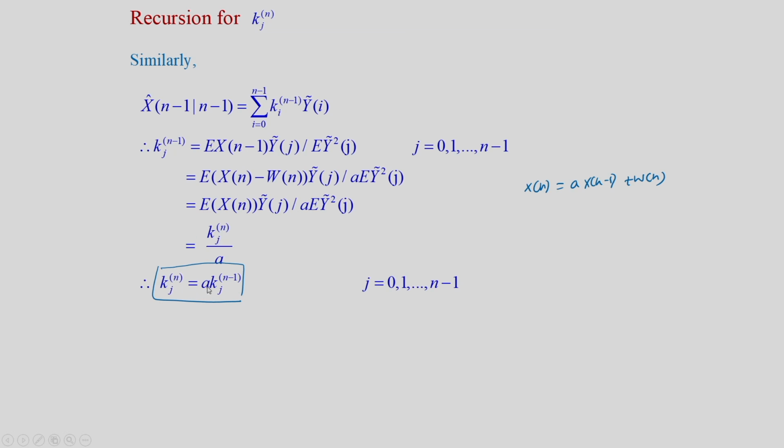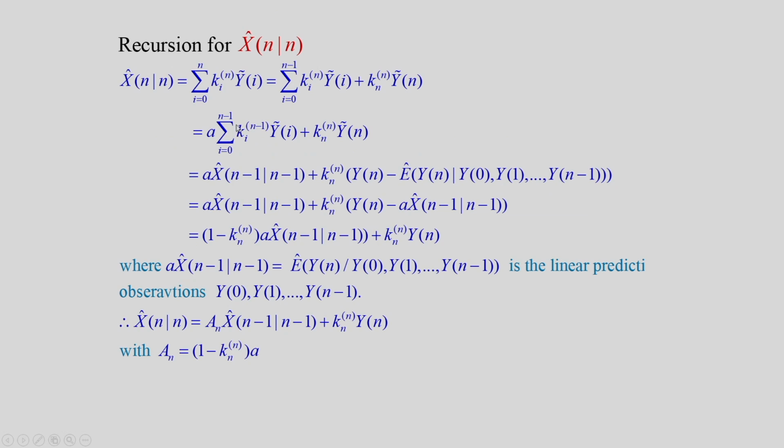So, this relationship k_j(n) is equal to a times k_j(n-1). Therefore, from here we will get a times the summation of k_i(n-1) ỹ_i, i going from 0 to n-1, plus k_n(n) times ỹ_n.